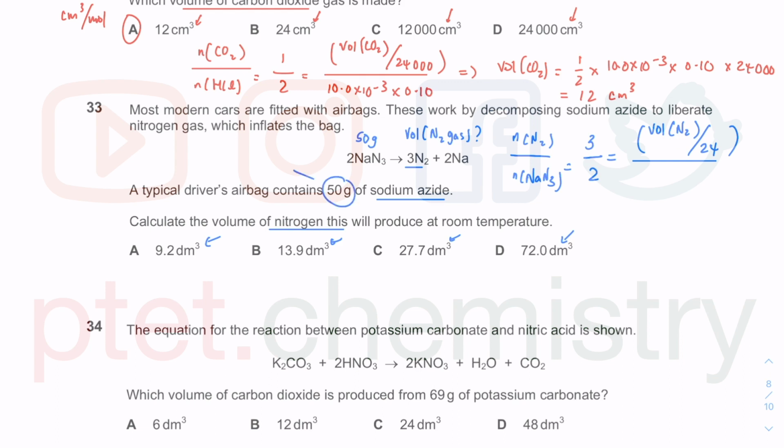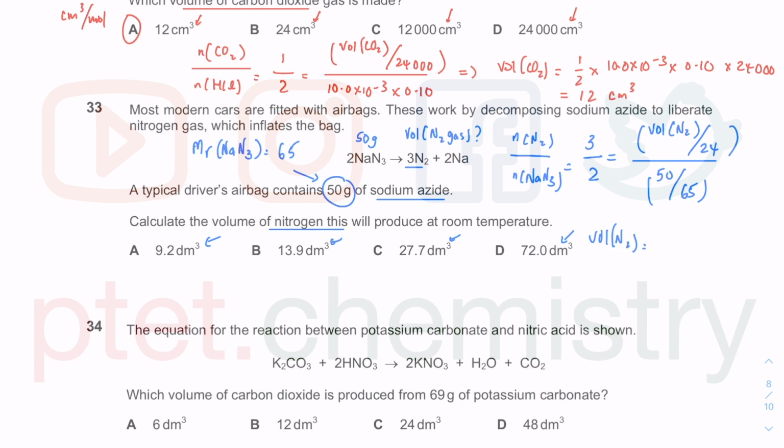So gram there refers to mass. That means I need the Mr of sodium azide. So there's 23 plus 14 times 3. That gives me 65. So mass over Mr, 50 over 65, is the actual mole of sodium azide that reacted, and I want to find how much actual volume of nitrogen gets produced.